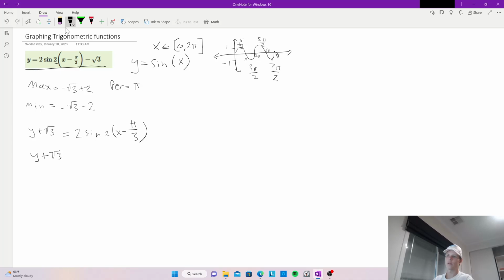Y plus square root 3 over 2 is equal to sine 2x minus pi over 3. That is pretty much as simple as it gets. I'm just going to put more brackets around there. That's pretty much as simplified as it gets.